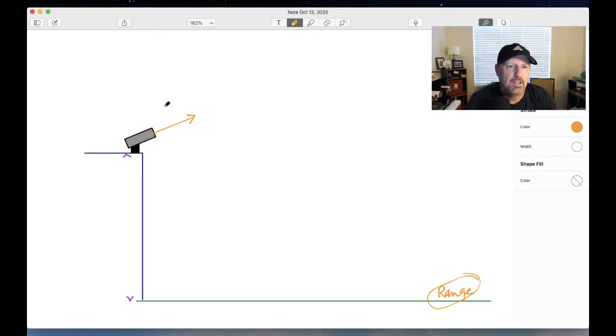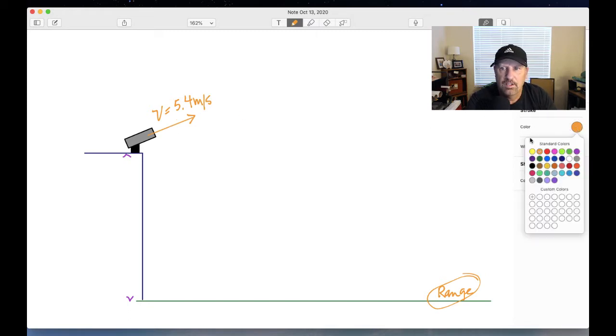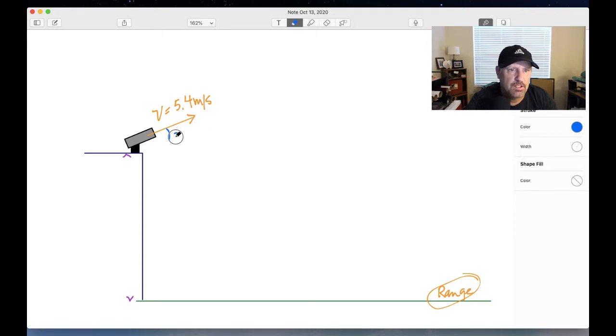figuring out what the horizontal and vertical components of the velocity are. Well, we know the velocity coming out of the projectile launcher is 5.4 meters per second. And let's just say that we're going to use an angle of something simple like 30 degrees.